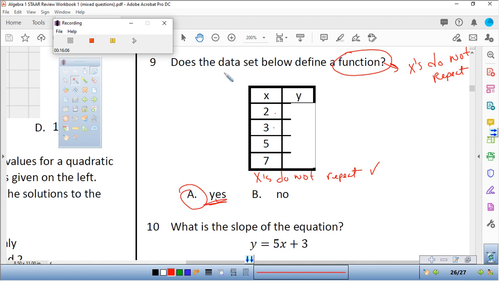Yes, it is a function. Okay, for it to be not a function, I could have another 2 here. I could have another 3 or a 7. As long as one of these repeats, it's not a function, okay?